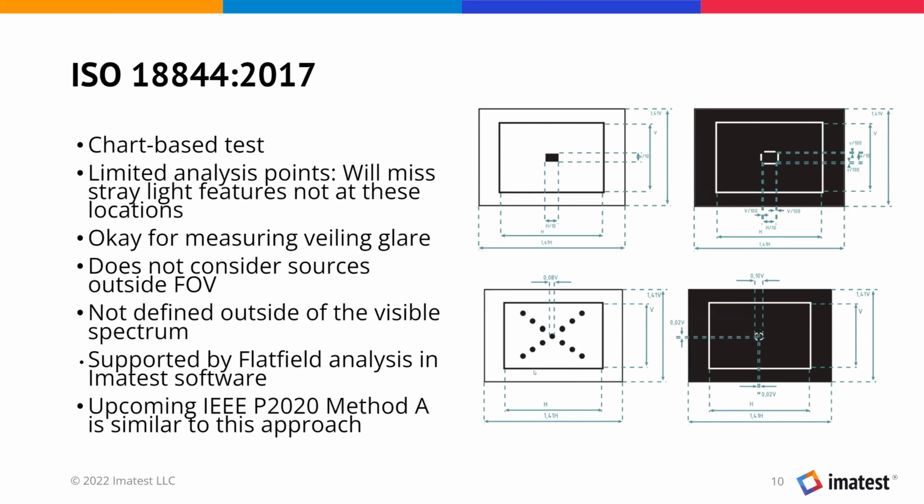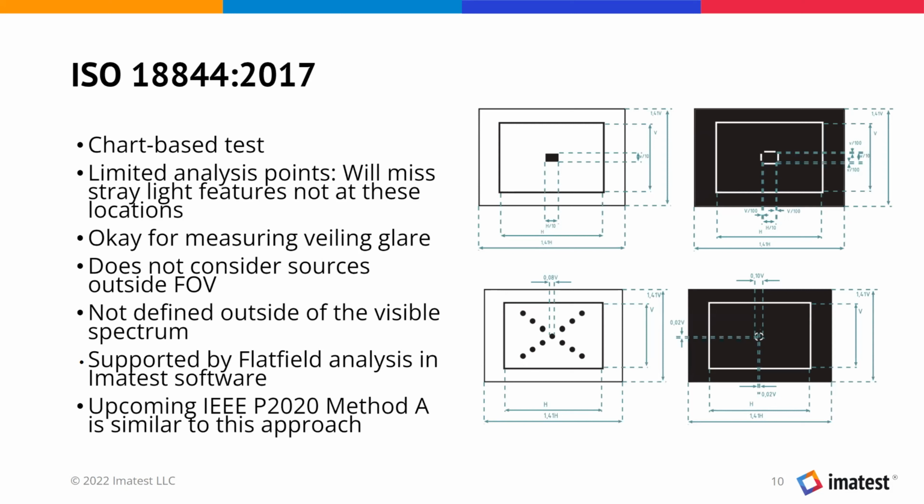It involves a backside illuminated chart with these dots in an X pattern that you see in the bottom left figure here. This test is okay for measuring veiling glare, but it has some limitations. One, it's not considering sources of light outside the field of view of the camera, which is important.